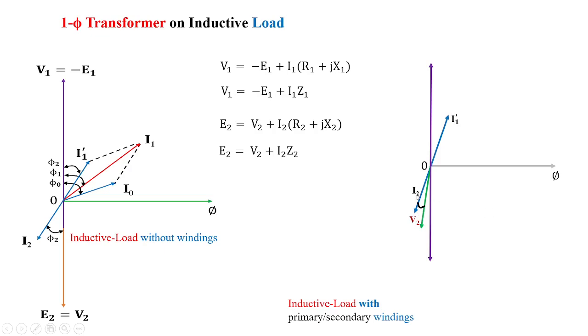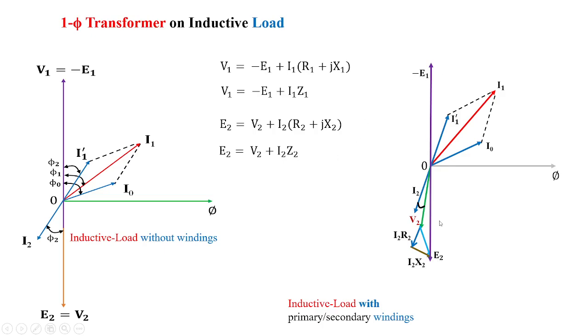Now we know that I1 dash is the load component of the primary current. With this and I0, I can frame the value of I1 as we have already seen from the past class. And as I told you, I have to take the I2R2 drop, which is acting parallel to I2 in this fashion, and perpendicular to this I2X2 is traveling like this. With this I'll get I2Z2, which is shown by this light blue line. Now this leads to the value of E2, which is given by V2 plus I2Z2.